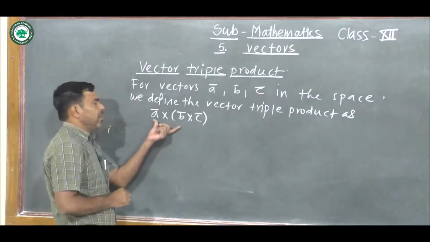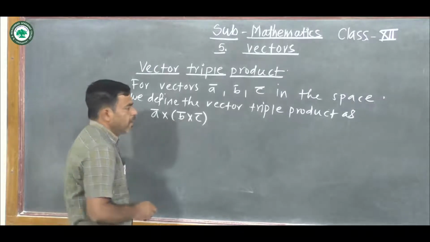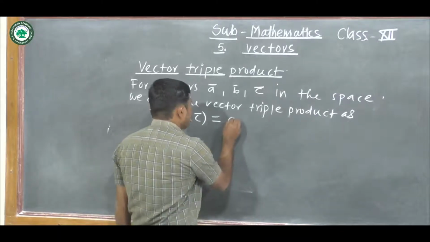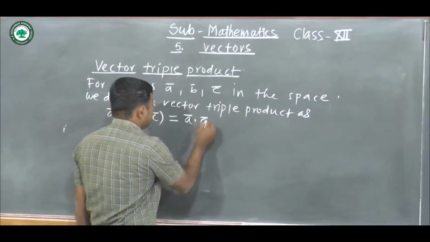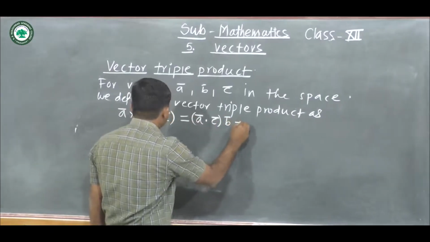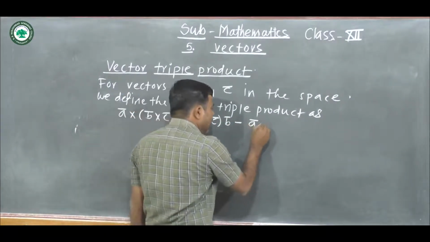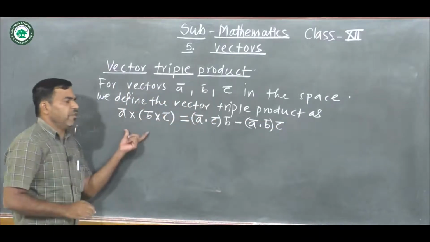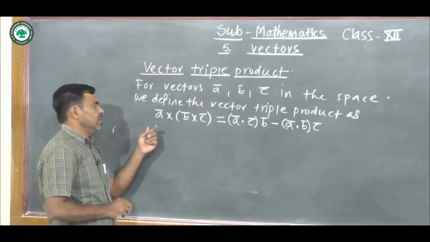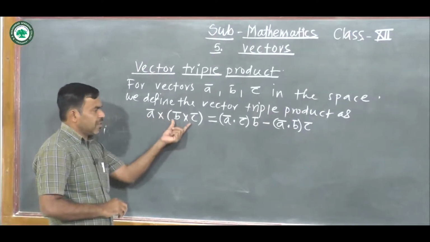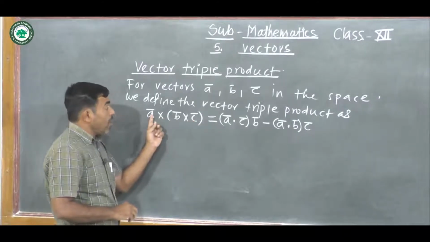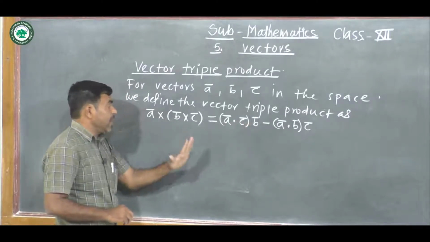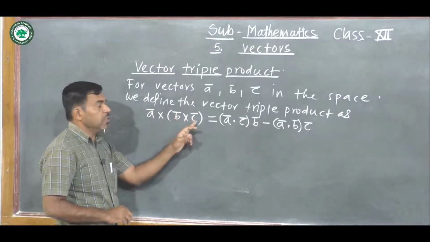This is the vector triple product of three vectors A bar, B bar, C bar. It is equal to A bar dot C bar into B bar minus A bar dot B bar into C bar. So this is the definition of vector triple product of three vectors. See, A bar cross B bar cross C bar is equal to A bar dot C bar into B bar minus A bar dot B bar into C bar.